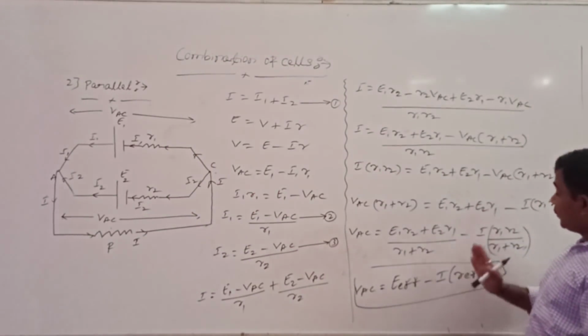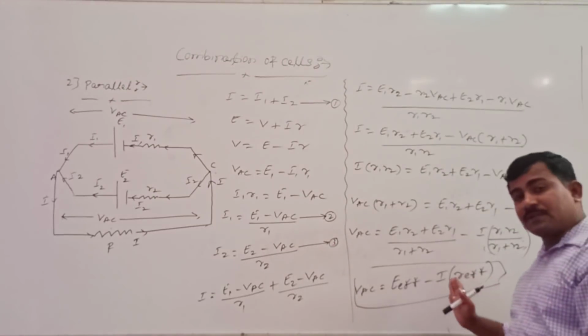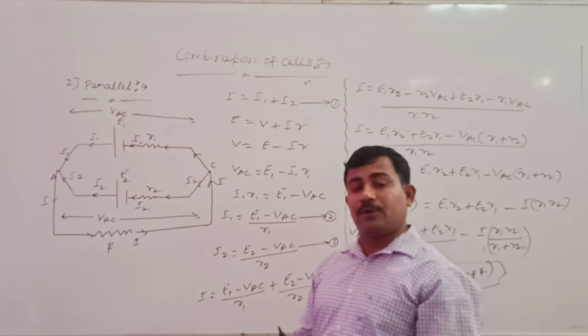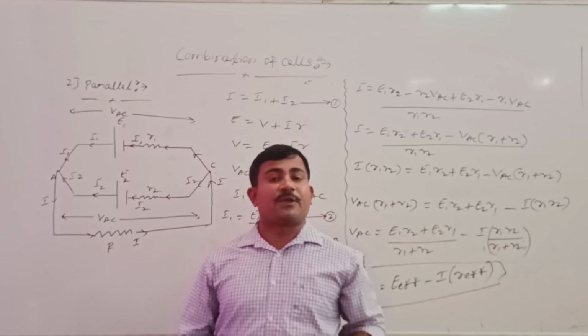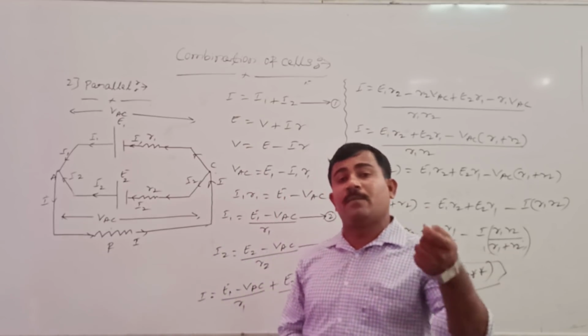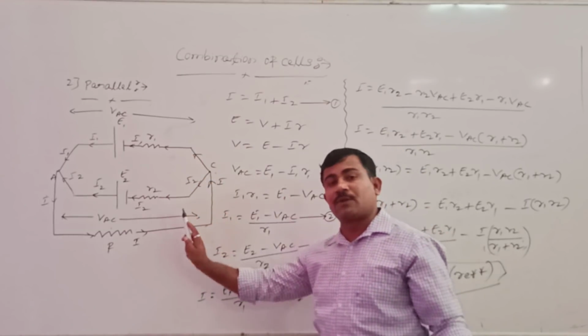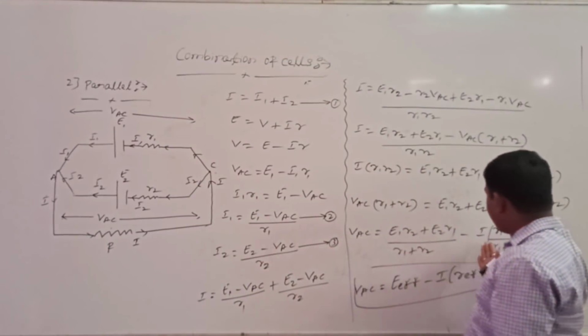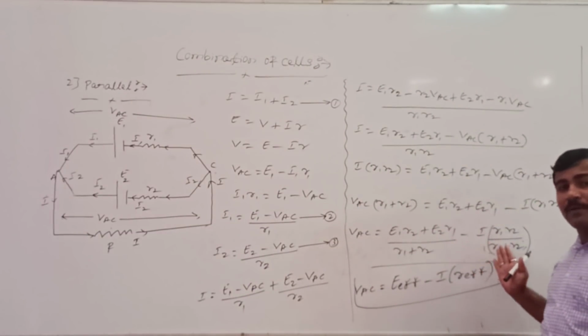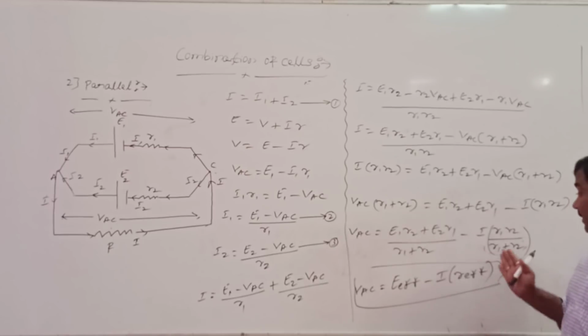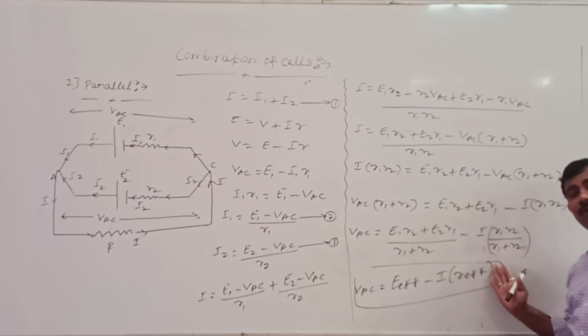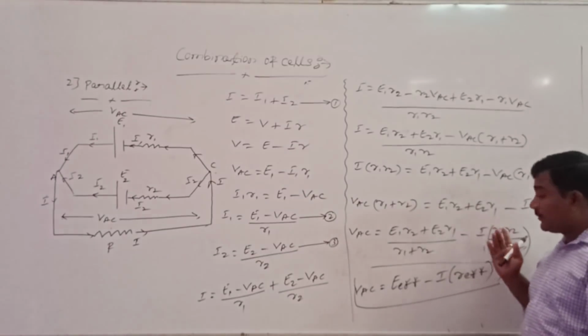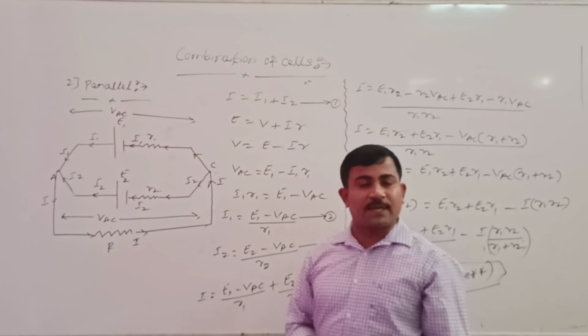And the total internal resistance: the reciprocal of R effective is equal to the sum of reciprocals of the internal resistances of each cell. That is, 1 by R equals 1 by R1 plus 1 by R2. R effective is equal to R1 into R2 divided by R1 plus R2.